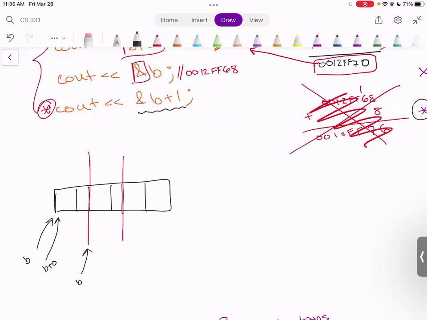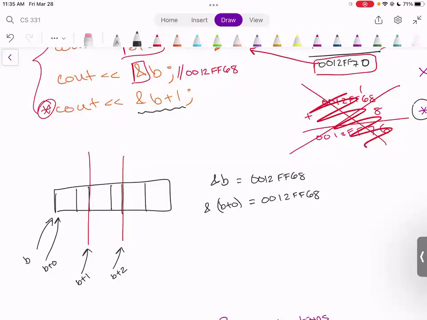Right here is B plus 1. Right here is B plus 2. If I ask for ampersand B, it would give me 0, 0, 1, 2, FF 6, 8. If I ask for ampersand B plus 0, it gives me 0, 0, 1, 2, FF 6, 8. They both point to the start of the array.